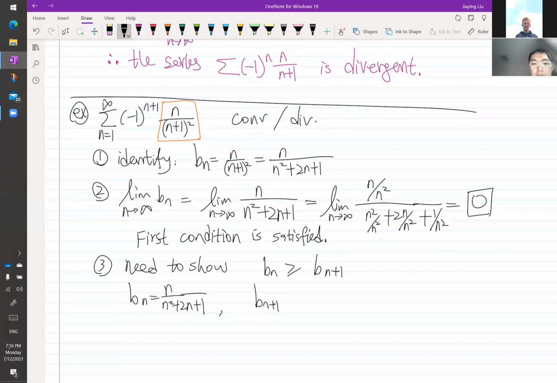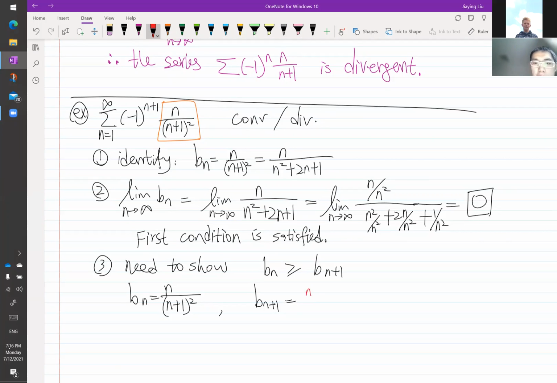Let me go back to the previous form. So this is n over (n plus 1) squared, and for Bn plus 1, we just change n to n plus 1.